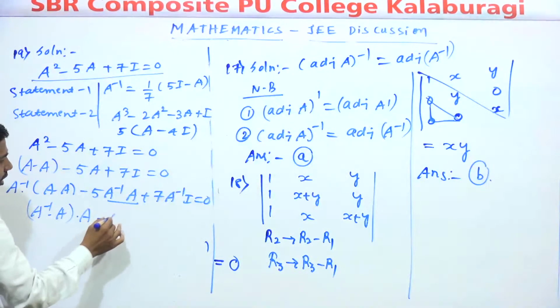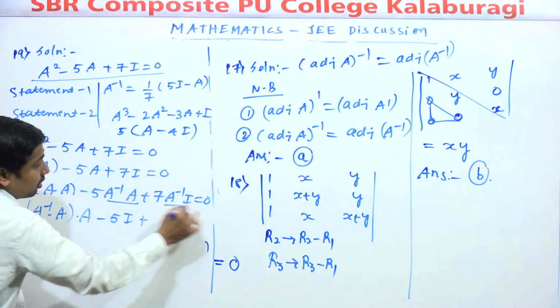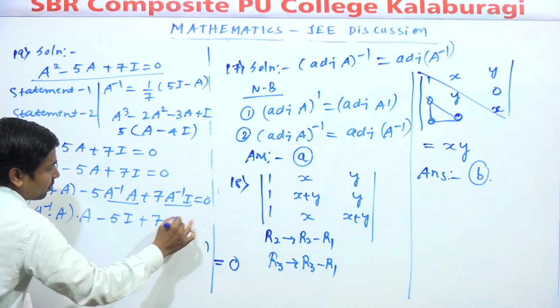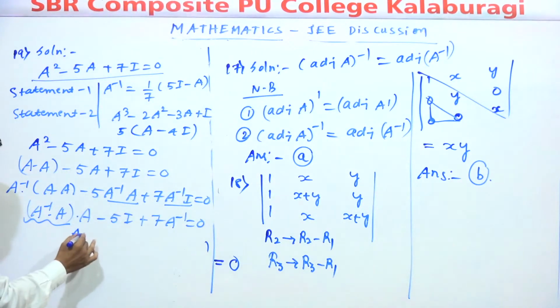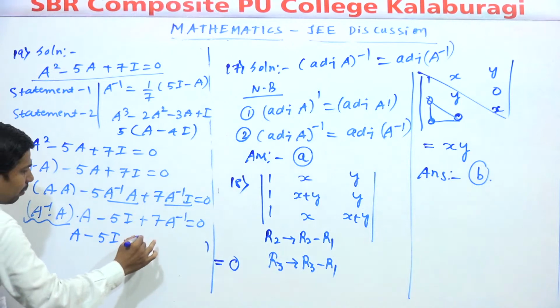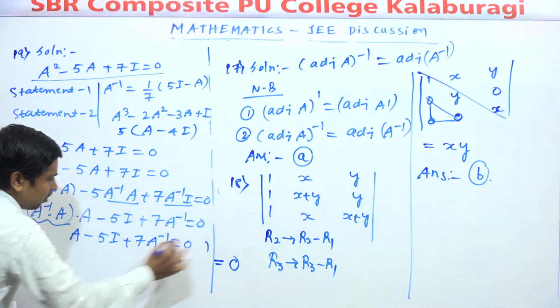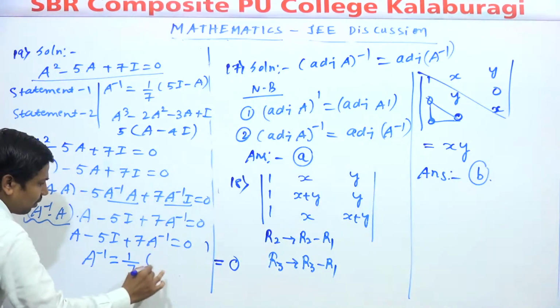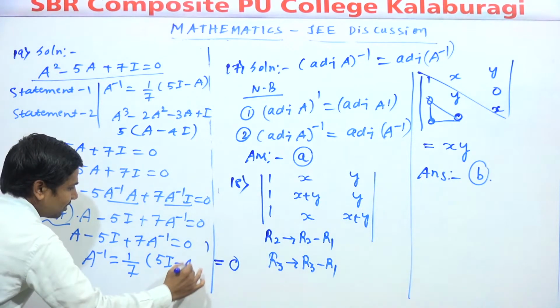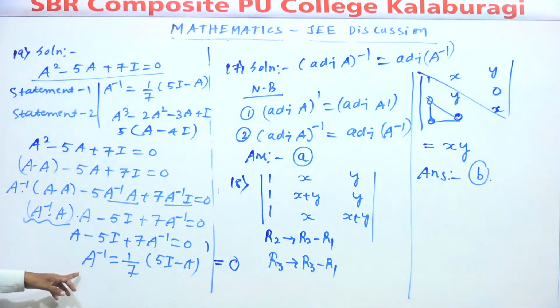A inverse into A is I, so A minus 5I plus 7A inverse equal to 0. Or else A inverse is equal to 1 by 7 into 5I minus A. Means statement 1 is correct, right?